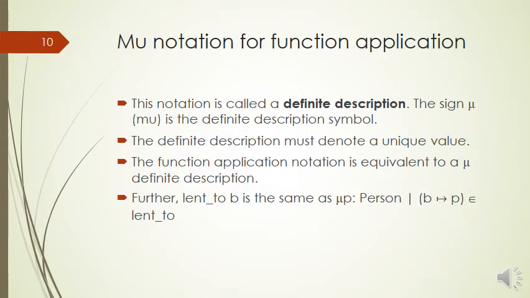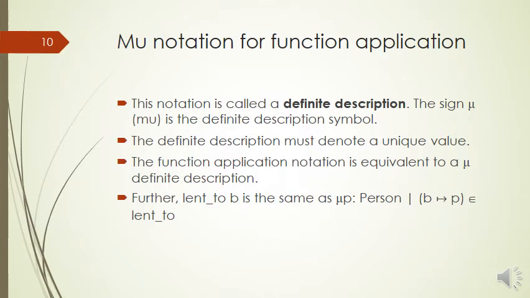Students, by passing an argument to a function, we get a return value, which is actually a unique return value. And this unique return value can be described by using definite description. The sign mu is the definite description symbol.